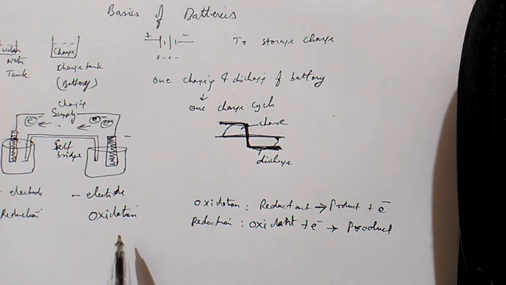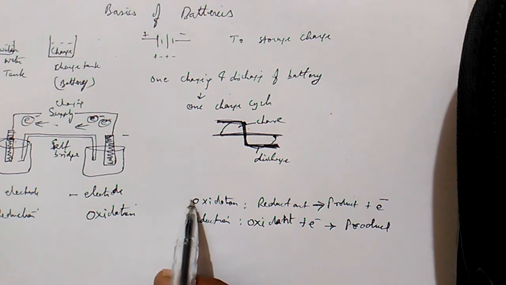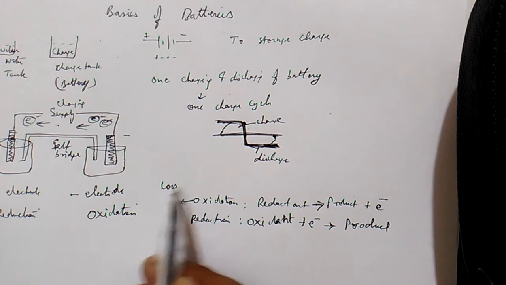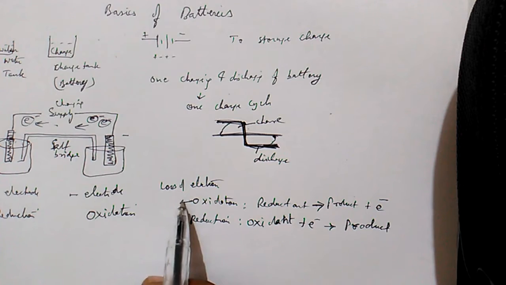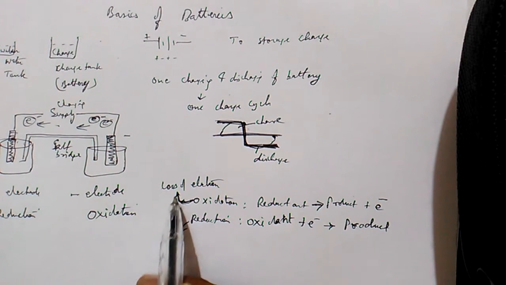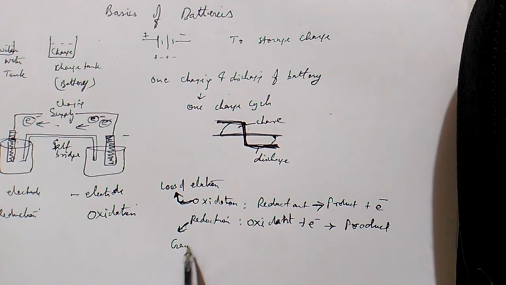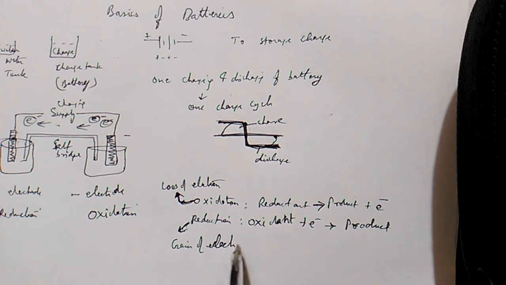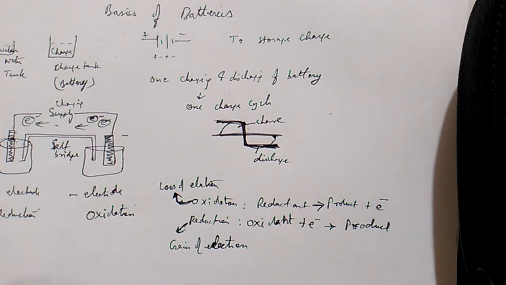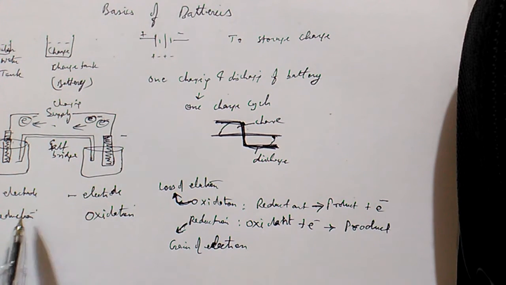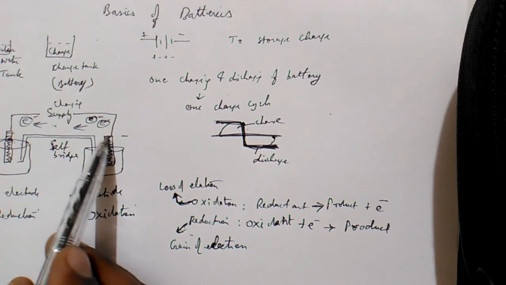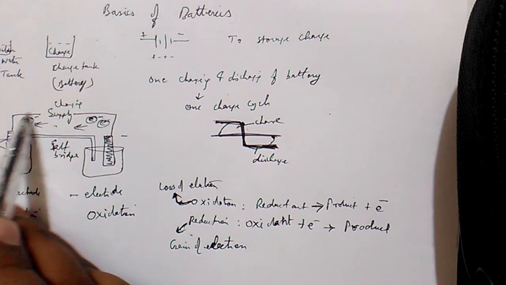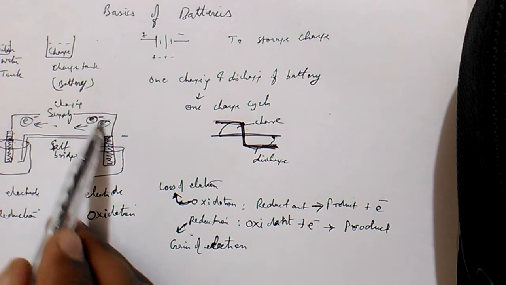So in this case there is loss of electron, and in this case gain of electron. In reduction, gain of electron is there. So when it is charging, electrons go from the negative side to the positive side.